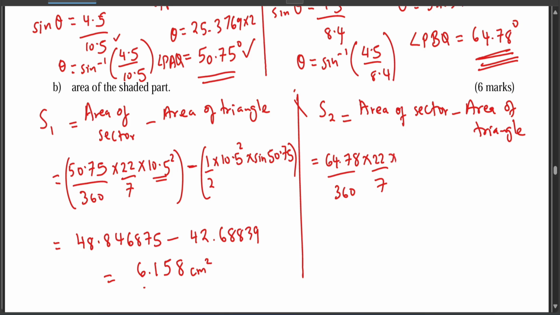R squared, your radius there is 8.4. Okay, minus area of triangle, which is a half times a times b, which is now 8.4 squared, because a is that 8.4 and b is also that 8.4. So rather than taking 8.4 times 8.4, I'll just take 8.4 squared times sine 64.78. So how much is that?